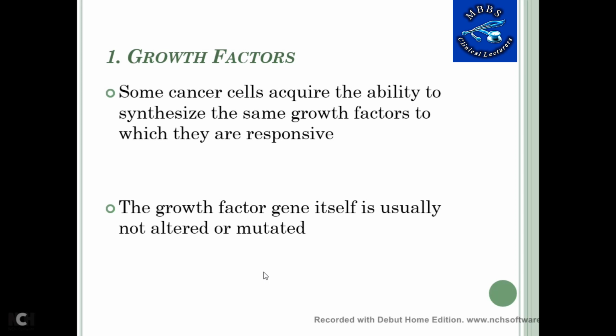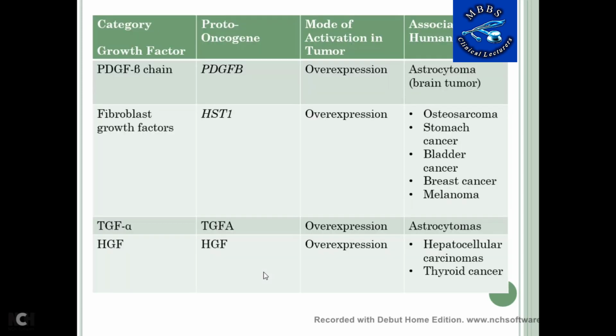So growth factors: some cancer cells acquire the ability to synthesize the same growth factors to which they are responsive. And the growth factor gene itself is usually not altered or mutated. I briefly summarize some important growth factors like platelet-derived growth factor, fibroblast growth factor, transforming growth factor alpha, and hepatocyte growth factor.